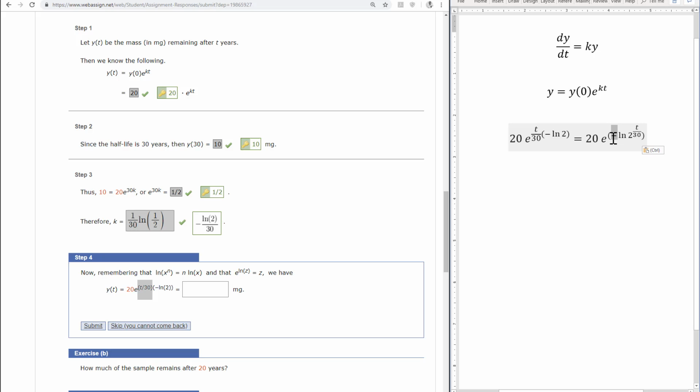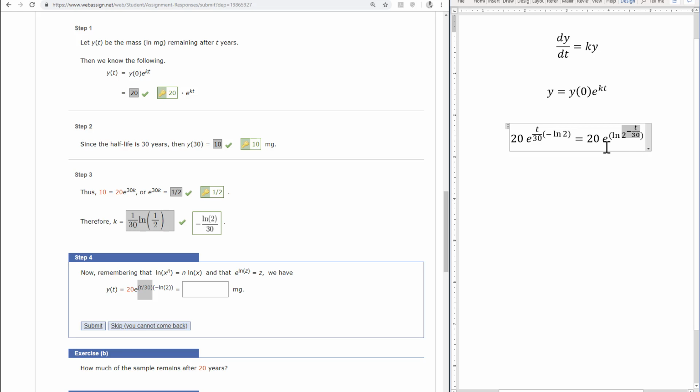We can also take this negative sign out and put that as part of the power. And then now we have e to the ln of this thing, and so the ln of this thing is just going to be that thing.